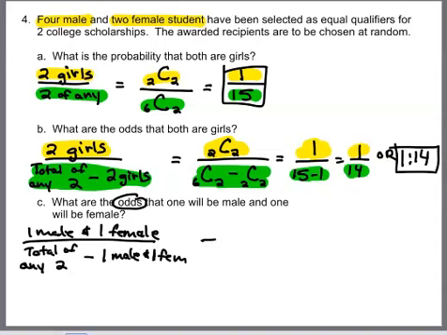So how many ways can we come up with a male and a female? Out of 4 males, how many ways can we pick one, and out of 2 females, how many ways can we get one female? So it's all the ways we can pick one male and one female.